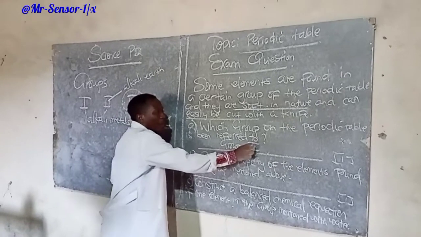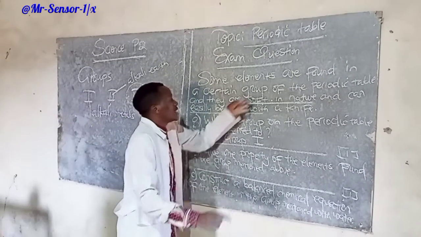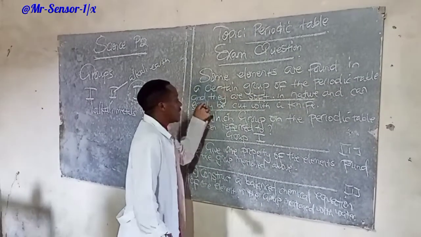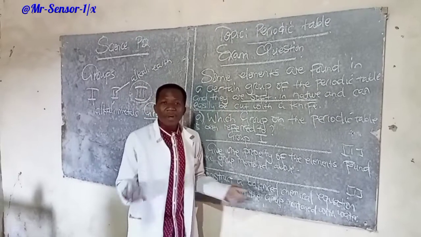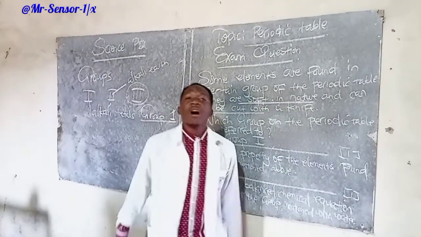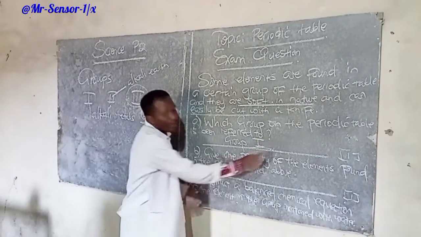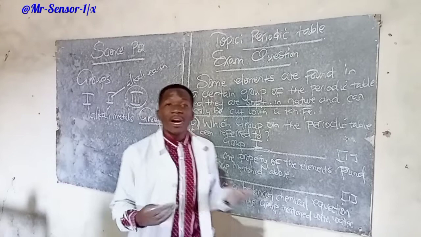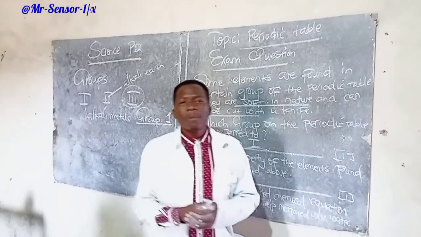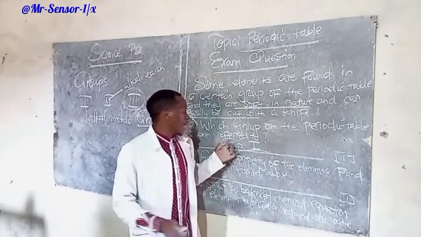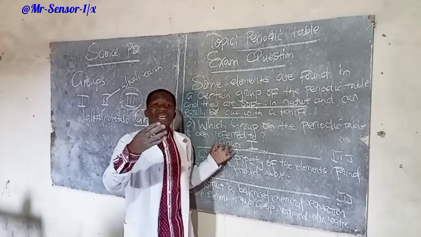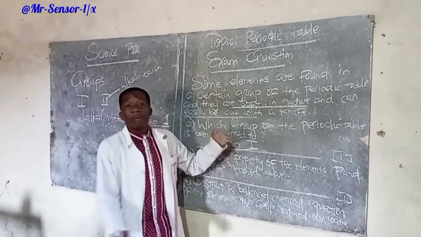Elements in group 1, considering their nature, are soft and can easily be cut with a knife. Among other properties, they have one electron in their outermost shell which can be lost, and as such they form a positive charge.